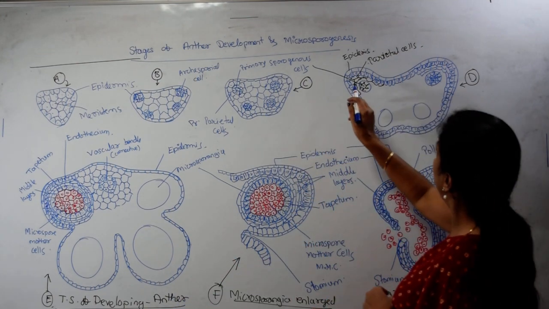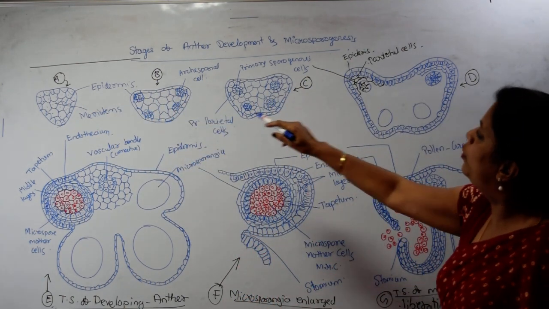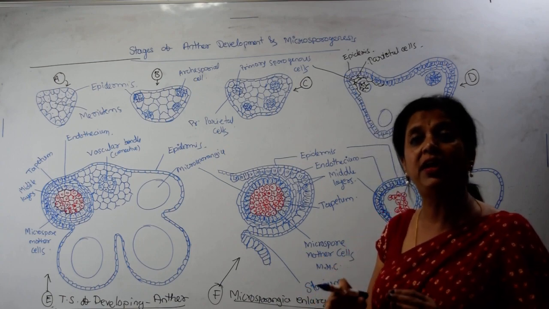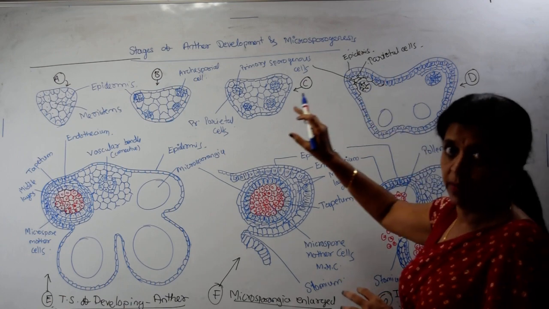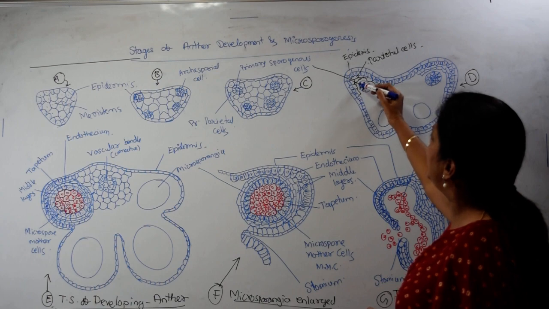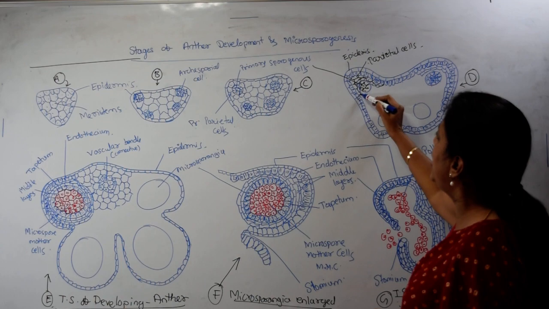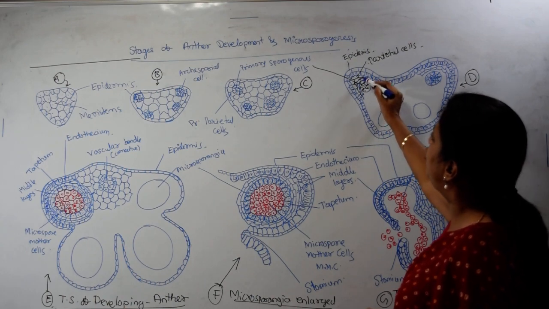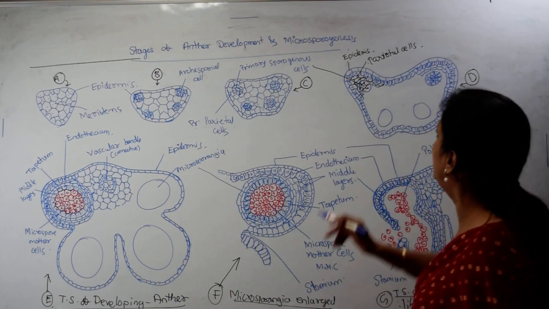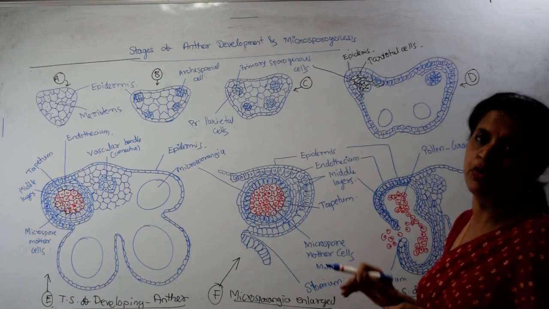Okay. Then you can see here A, B, C, D. All are four diagrams representing the initial developmental stages of the microsporangium. You can see here, the outermost parietal layers start dividing anticlinally and periclinally, forming the outer coverings of the microsporangia, and the inner ones are called the primary sporogenous cells or sporogenous tissue.